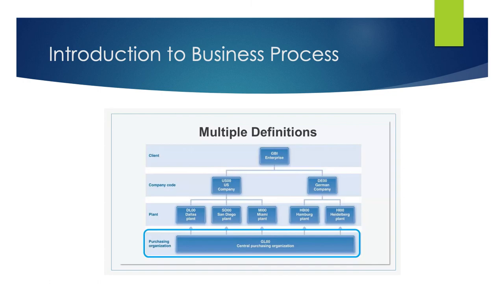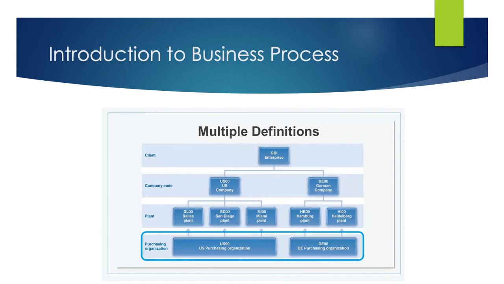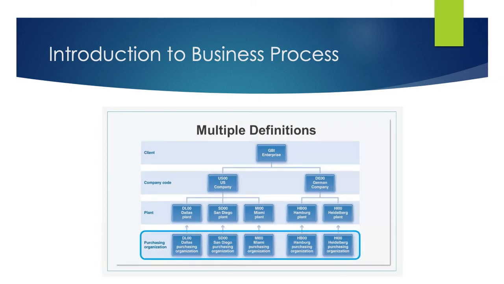Other than that, we also have a separation between each company for the purchasing order. Could be different payment for the US and different payment for the Germany. And also lastly, we have a separate purchasing for each plant.